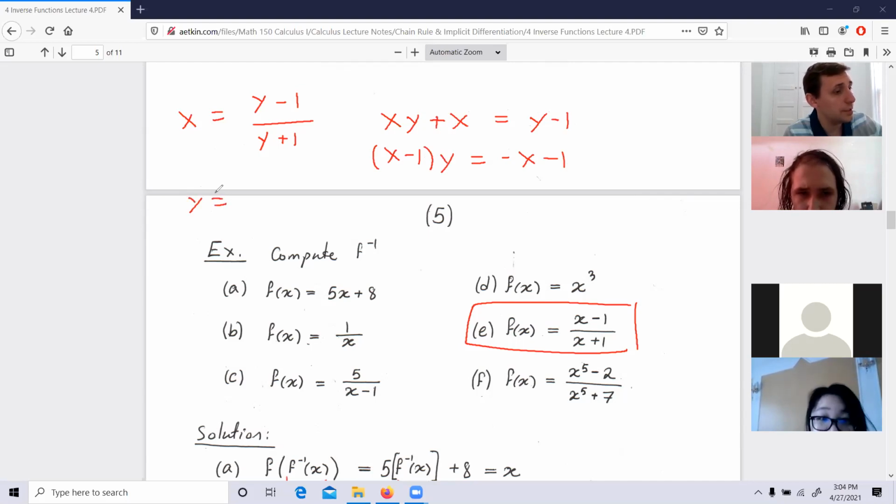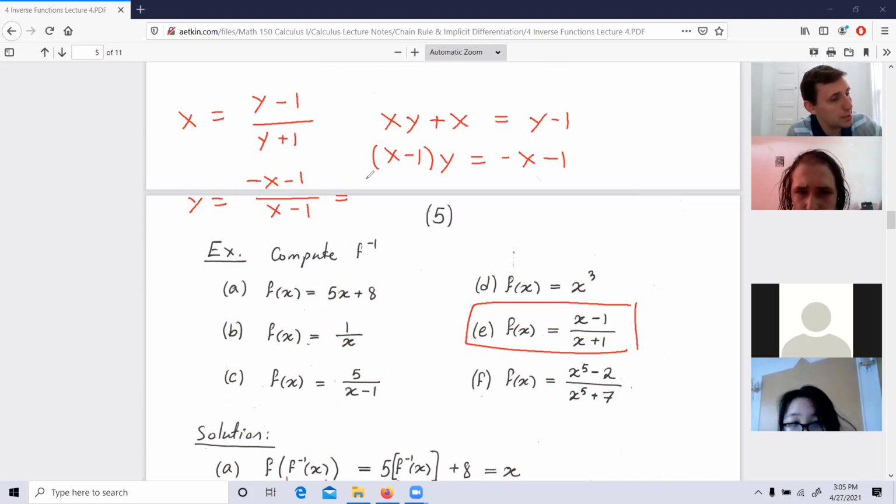So then when I divide, we have y is equal to minus x minus 1 divided by x minus 1. Yes? Divided by x minus 1. Which is, well, you can write it in so many ways.